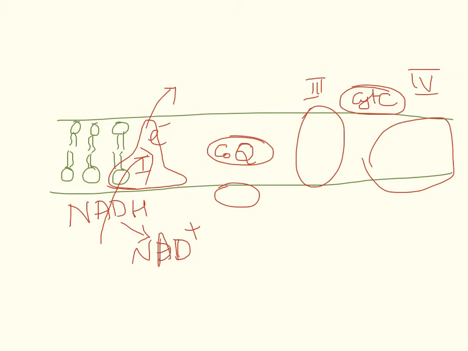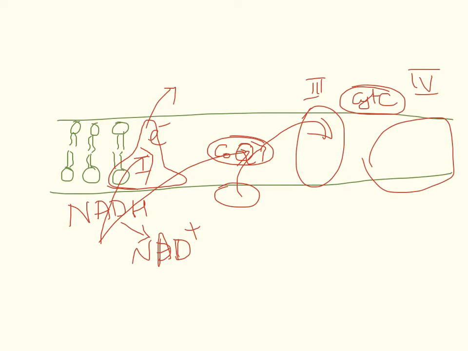And also to the carrier coenzyme Q. This is a mobile electron carrier, coenzyme Q. Now coenzyme Q will carry the electrons from complexes 1 and 2 to 3. Okay, 1 and 2 to 3. And thereby there is a proton gradient.